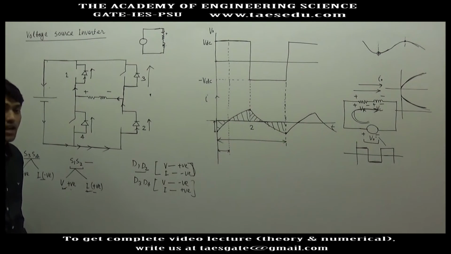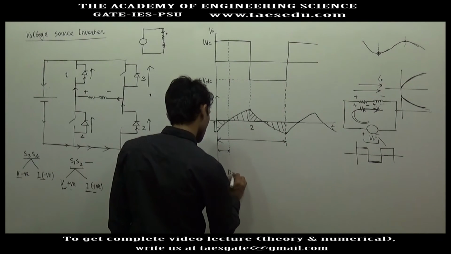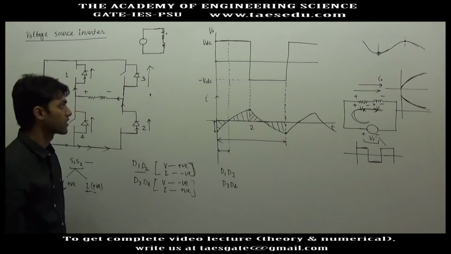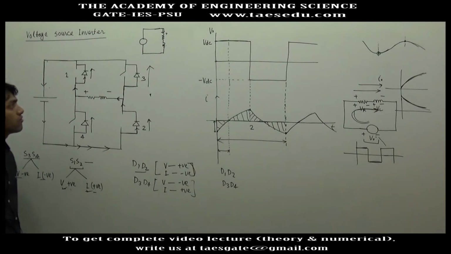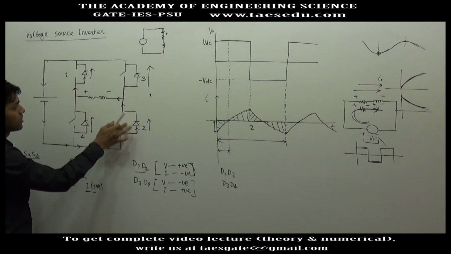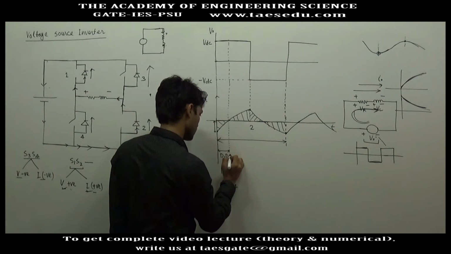This means a diode pair will conduct. There are two diode pairs, D1 D2 and D3 D4. Okay, since voltage is positive, diodes of the positive leg have to conduct. So in this interval diodes D1 and D2 will conduct.